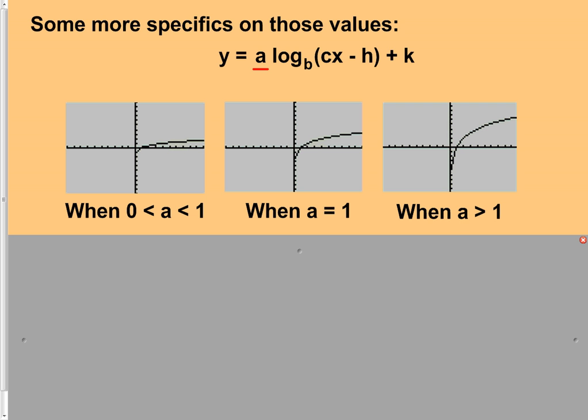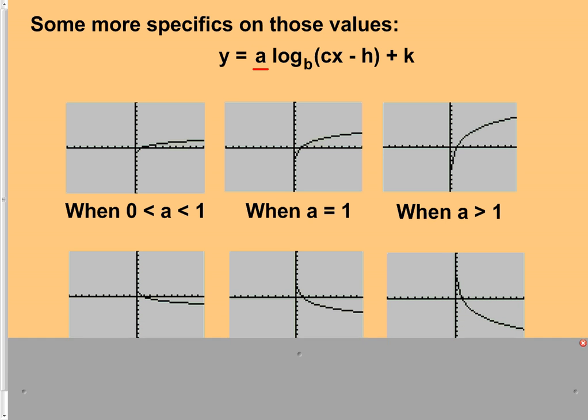When a gets smaller than 1, the graph is in not so big a hurry to rise up. And when a is larger than 1 over there on the right, obviously the graph is in a bigger hurry rising up. Because we said changing the a value directly affects the y value, which is basically your height change.